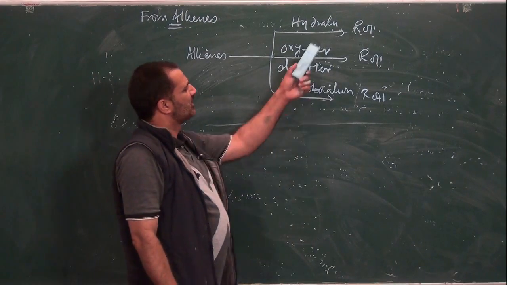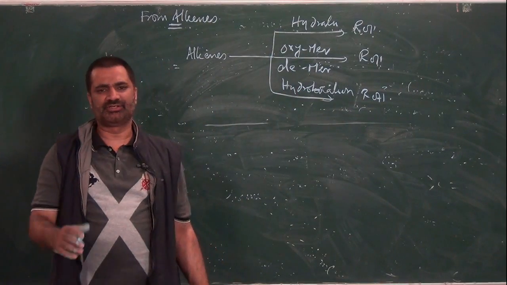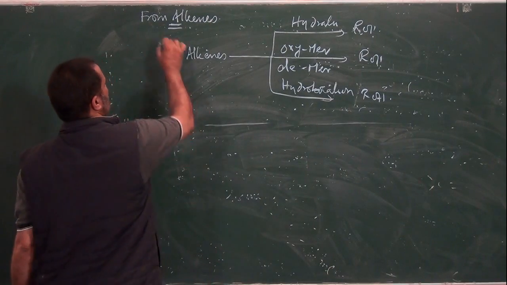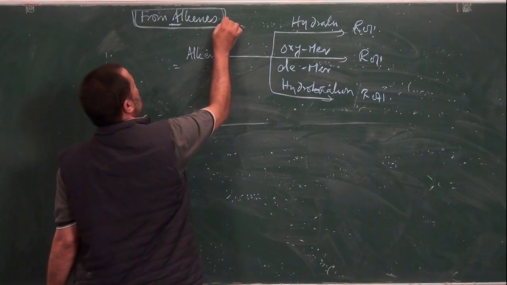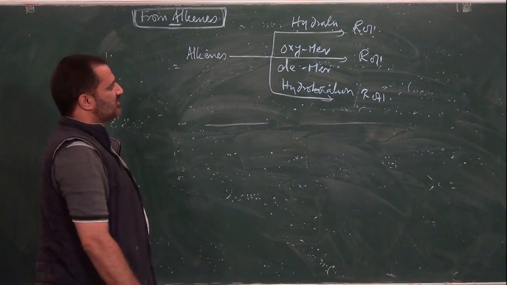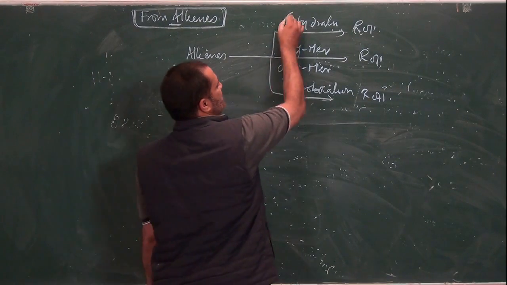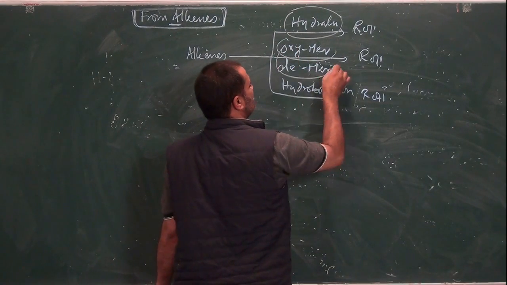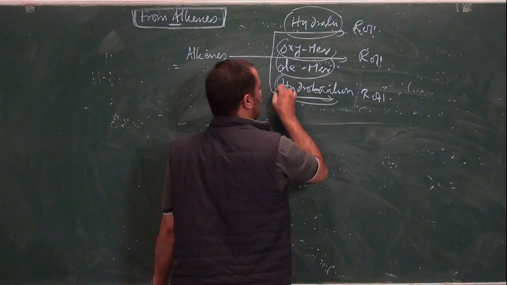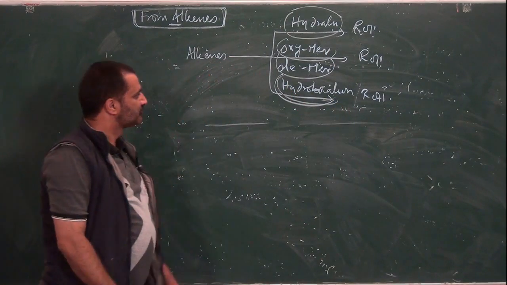Maybe the nature of the alcohols will be different. So as far as alkenes are concerned, we can prepare alcohols by three methods. Number one is hydration, number two is oxymercuration-demercuration, and number three is hydroboration-oxidation.